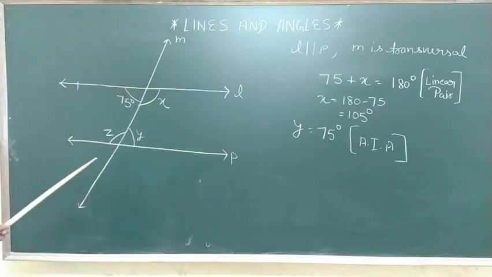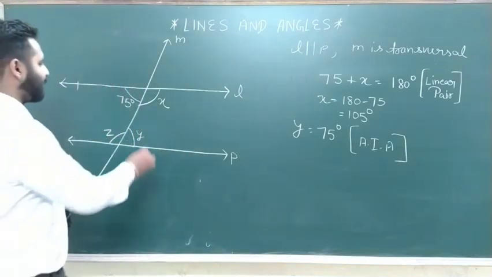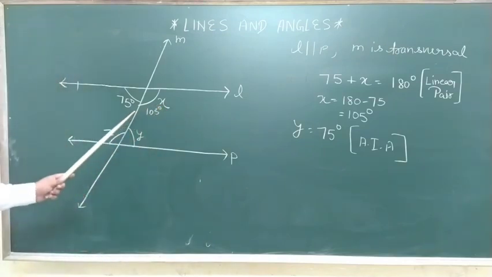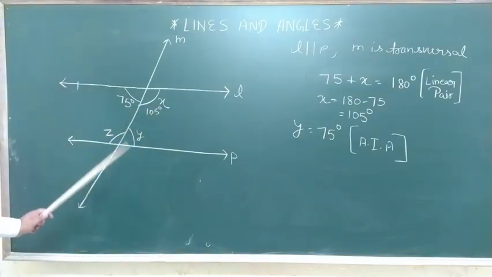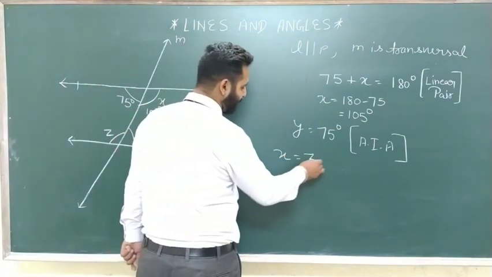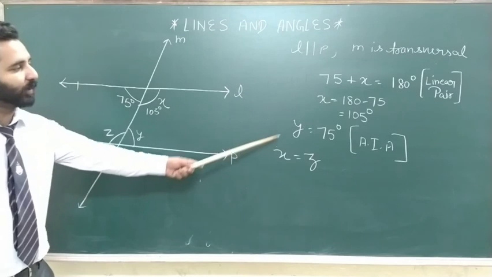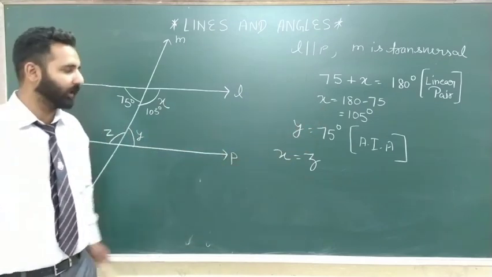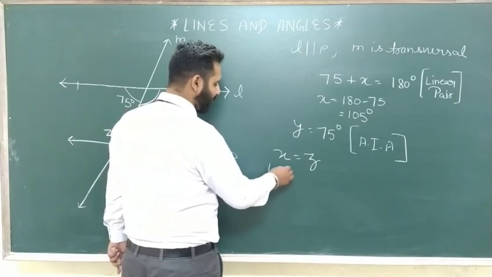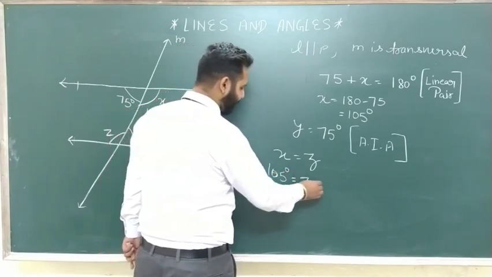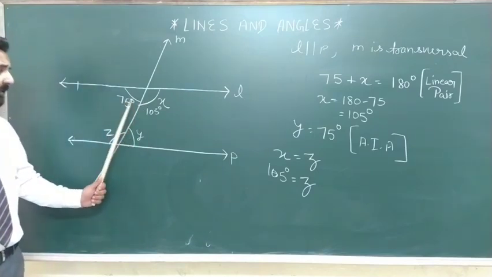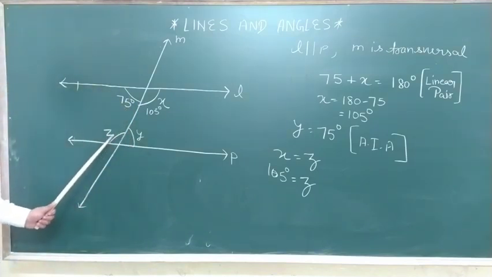If you see the second side, now you have the value of X as 105. You can see X and Z are also alternate. So X is equal to Z, and the value of X is 105, which you already calculated. So Z is also 105.